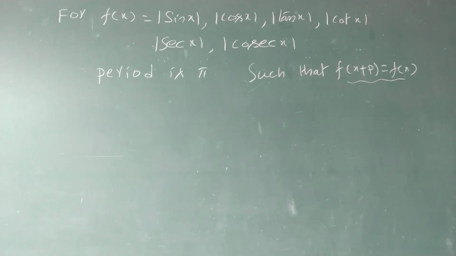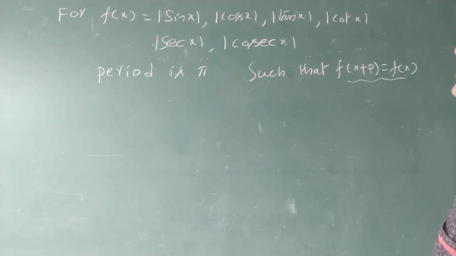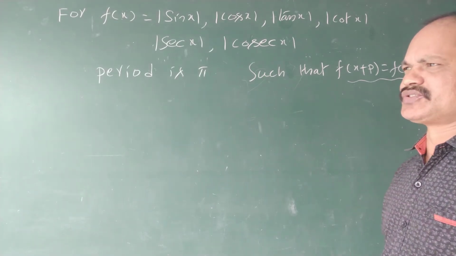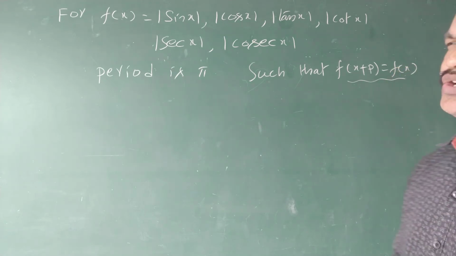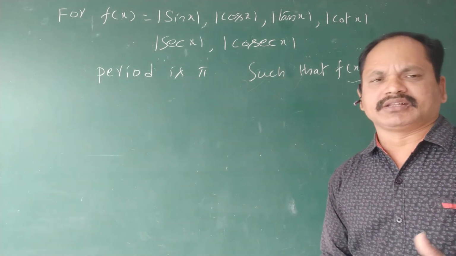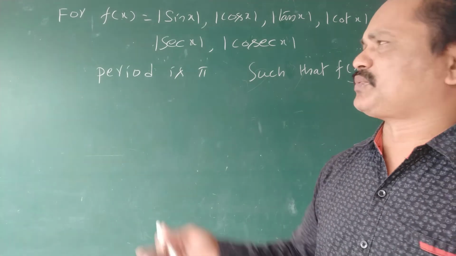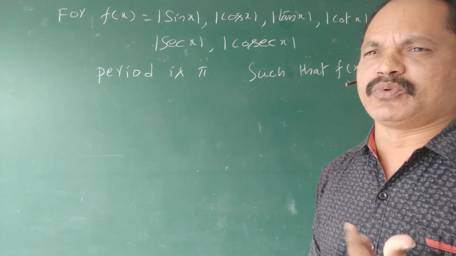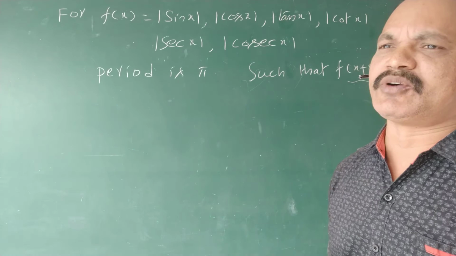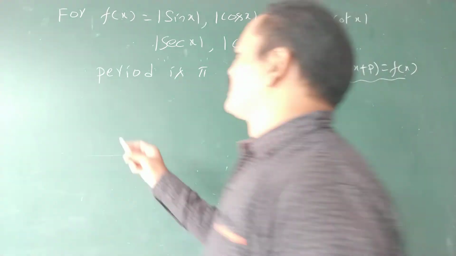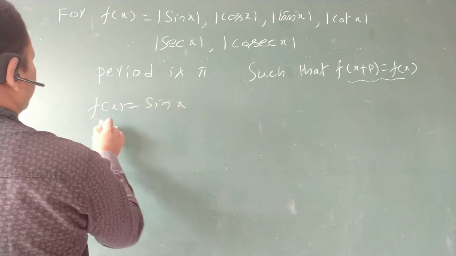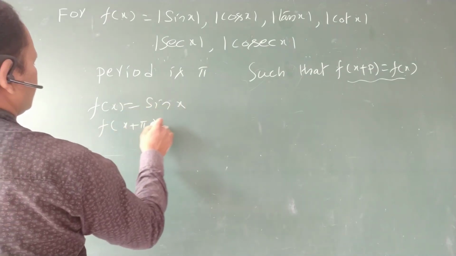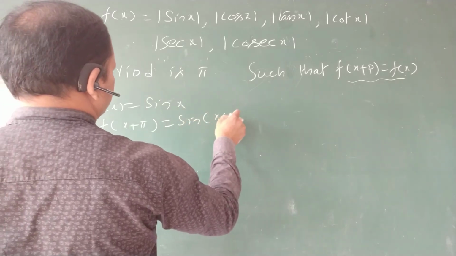For f of x equal to mod sin x, mod cos x, mod tan x, mod cot x, mod secant x, mod cosecant x, the modulus of trigonometric functions, the period is pi such that f of x plus p is equal to f of x. That means pi, 2 pi, 3 pi, 4 pi, 5 pi, 6 pi satisfy these functions, but the least among them is pi. Suppose f of x is equal to mod sin x. Then f of x plus pi is mod of sin of x plus pi.